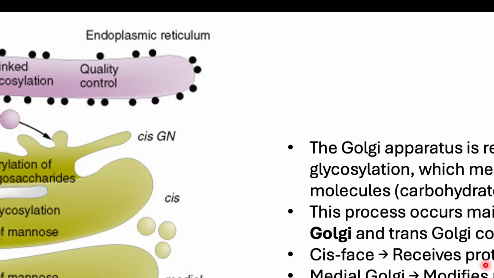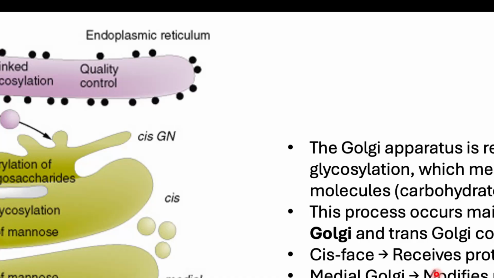Cis phase receives proteins from the ER. Medial Golgi modifies proteins, including adding sugar residues like glycosylation, and the trans phase sorts and packages proteins for transport. So the trans phase does... Shanmuga was right.